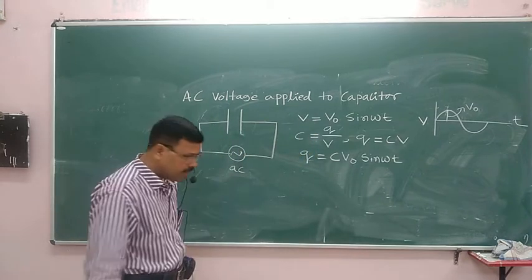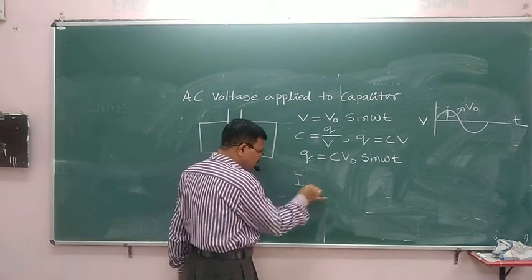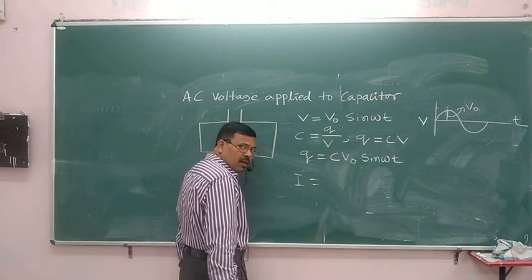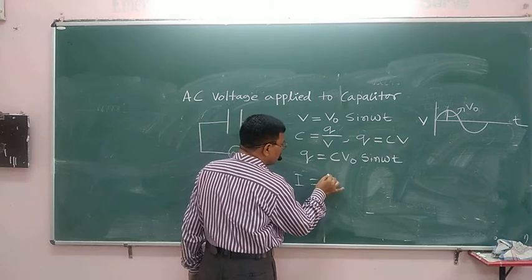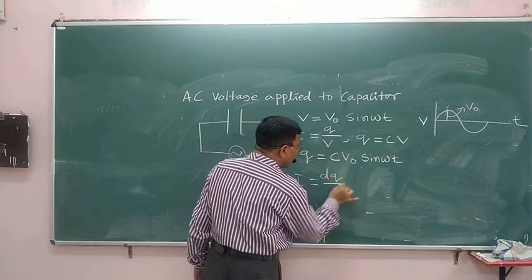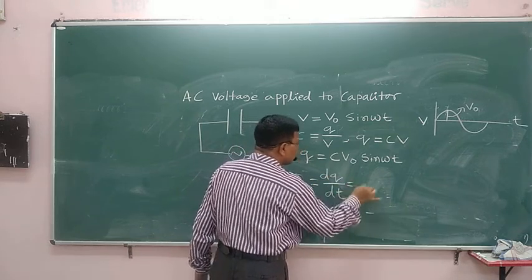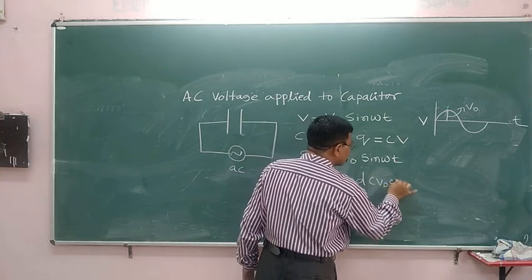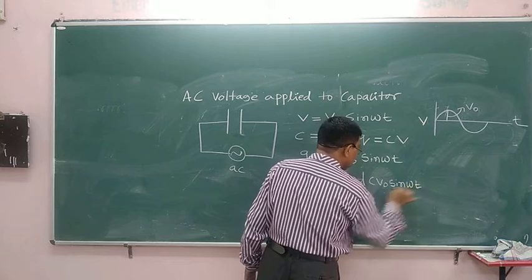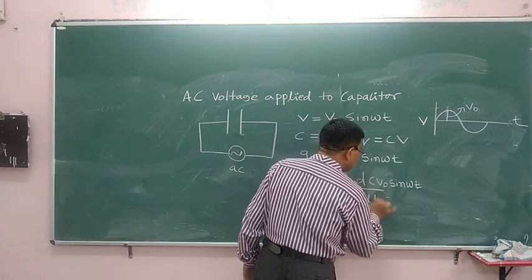As we know, the current flowing through the capacitor, I, is equal to the rate of flow of charge, that is d of C V0 sine of omega t divided by dt.